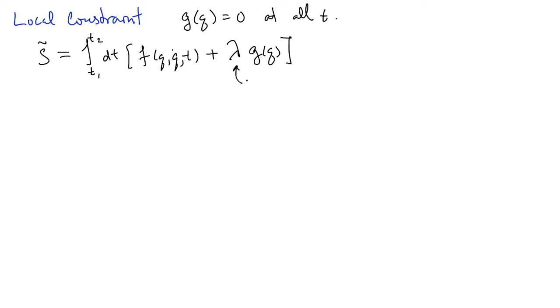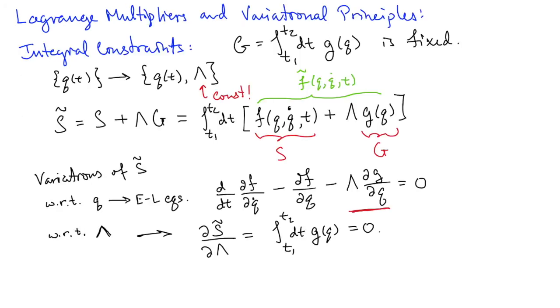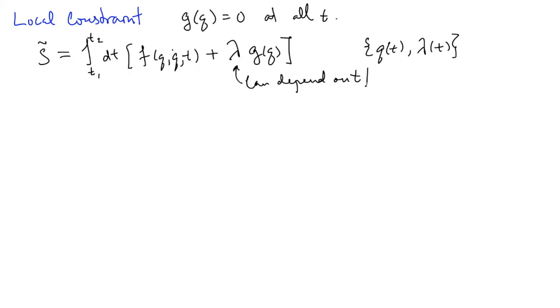Now this guy can depend on time. That's different than before. Before it was a constant across the whole time range, but now it can actually depend upon time. It doesn't depend on q, but it can be a function of time. And our coordinates are now q of t and lambda of t, so we've added a full additional coordinate. And so again, we're going to talk about variations of our new integral.